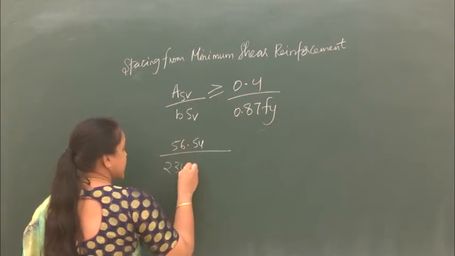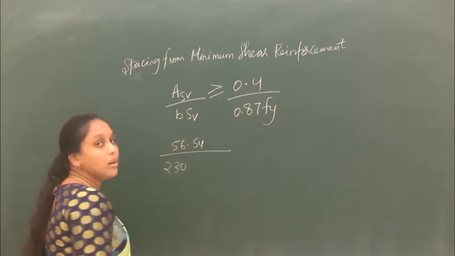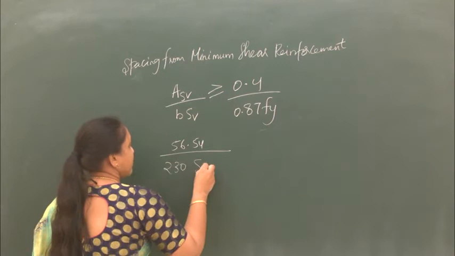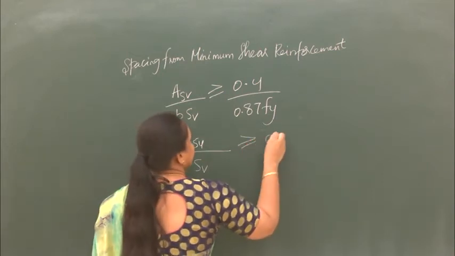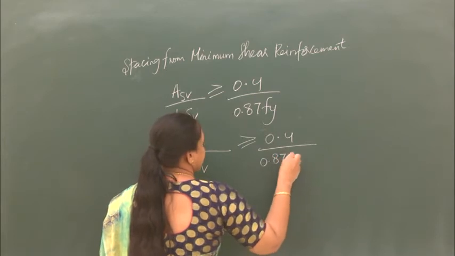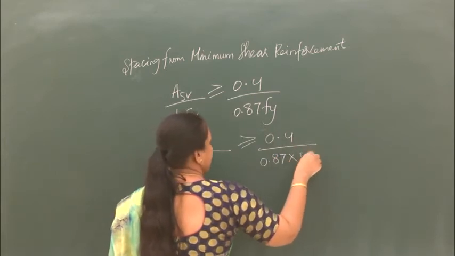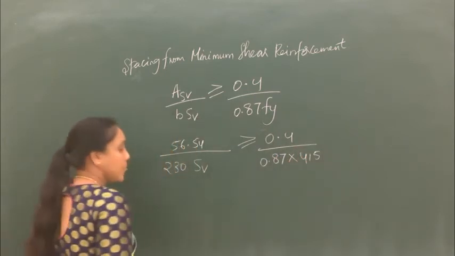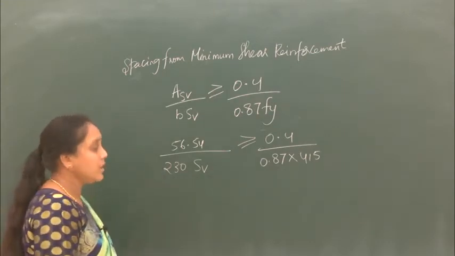B is how much it is? 230 into Sv. Sv is what we have to calculate. 0.4 divided by 0.87 into Fy. Fy is nothing but the grade of the steel, which is 415.